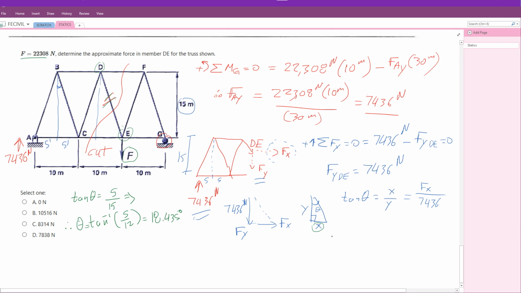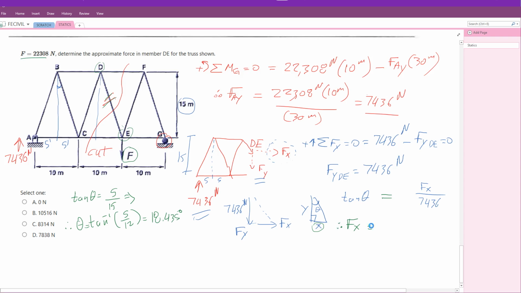These components can be calculated. We can use this equation right here, tangent theta, and just forget about this side right here. Let me delete it, this was just explanation. So this is equal to this, right? We can just multiply and get the Fx.